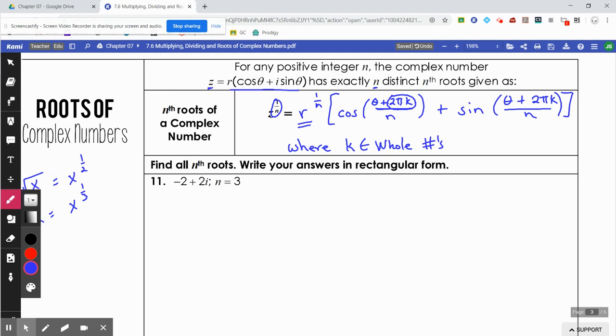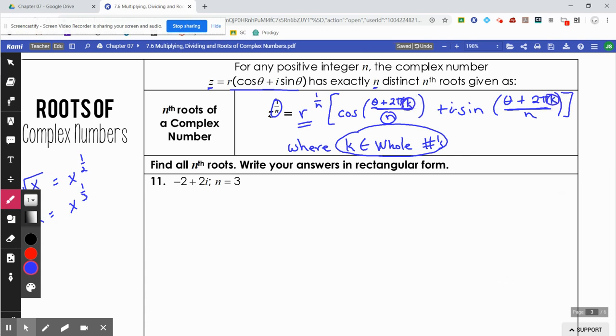Over n. Now we're multiplying this theta, this argument, times 1/n. We're still doing the same thing there, and doing the same thing with our sine as well, and that should be plus I times sine, to where again k is the whole number 0, 1, 2, 3. So what this is simply saying right here is we are going to have repeat answers.